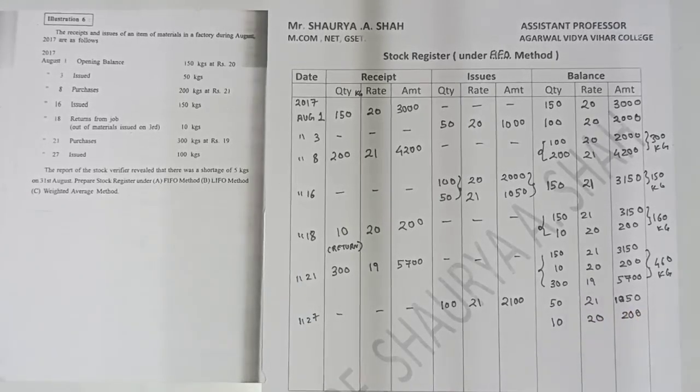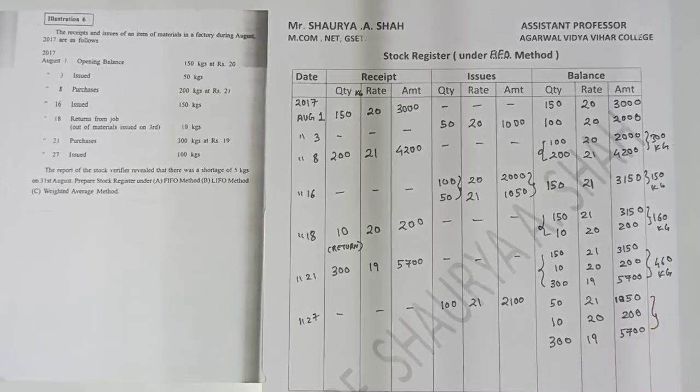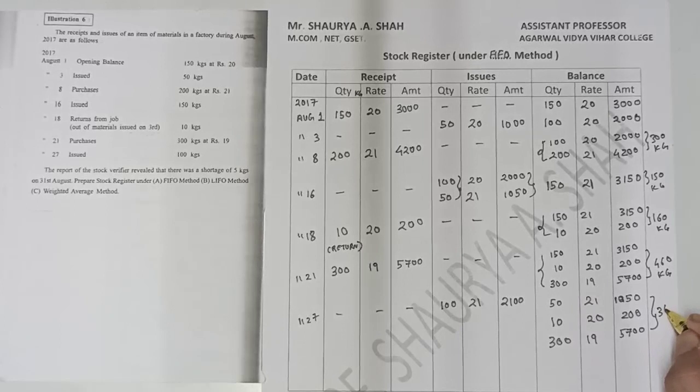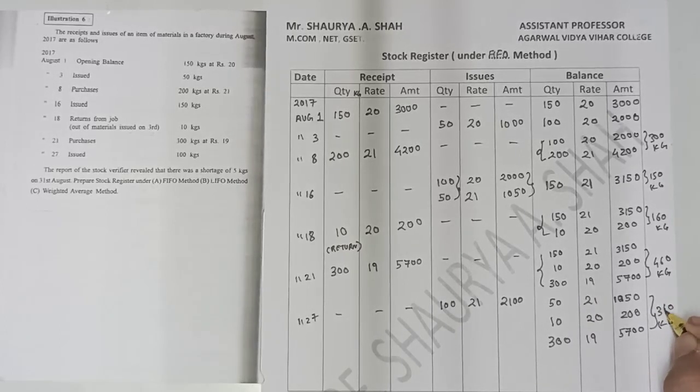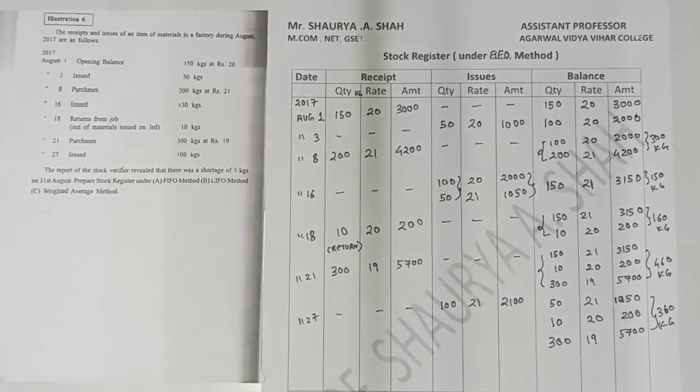So 10 into 20 gives me 200, and again the rest 300 will remain the same. So 300 into 19 gives me 5700. So if I do the total, right, my answer will come to 360 kg. My answer will come to 360 kg, right? I suppose it is clear to each and everyone.